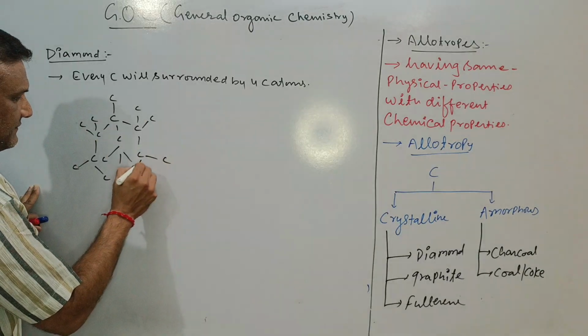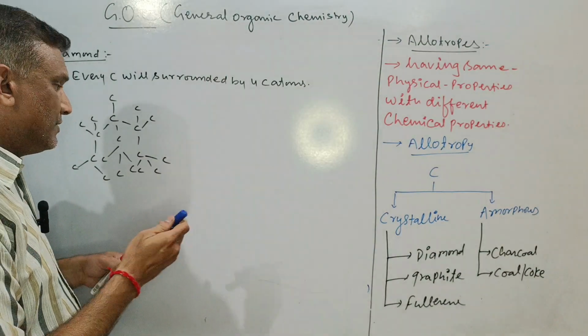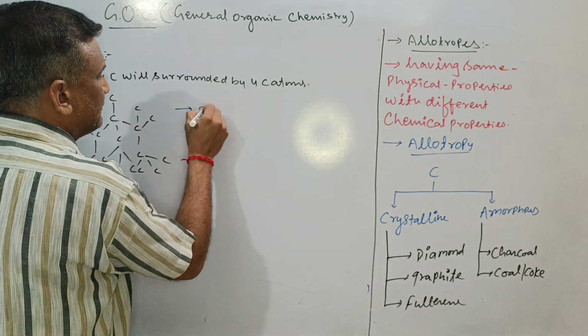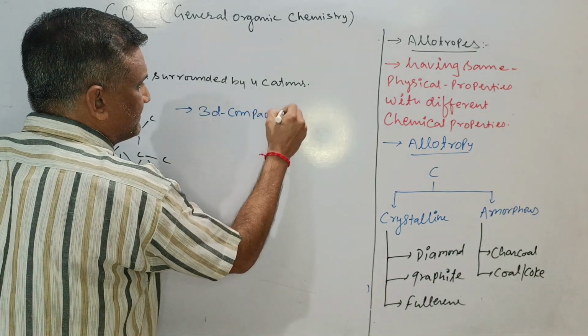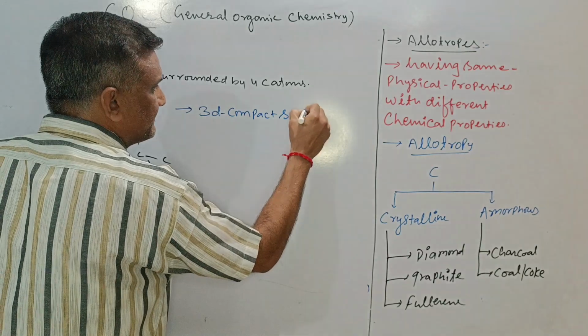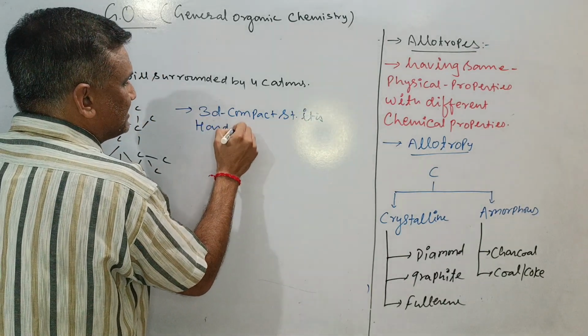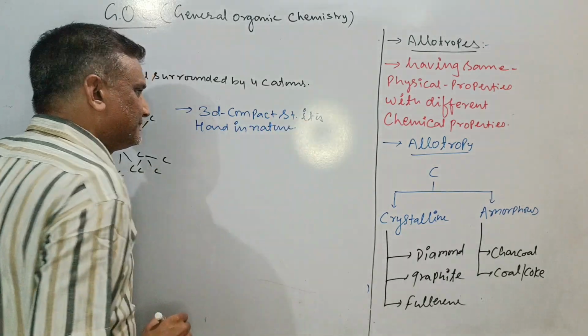This is the structure of diamond. So you can say, due to formation of a 3-dimensional compact structure, it is hard in nature. That's why it is also used as a glass cutter.